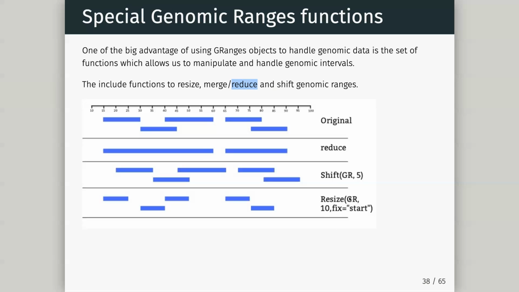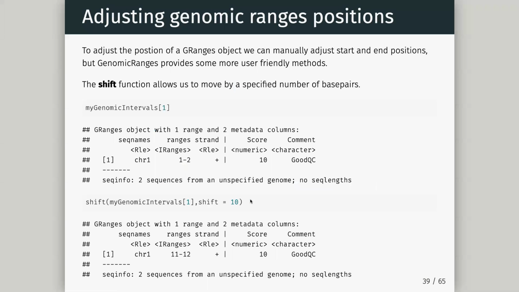If I want to take my GRanges and resize them based on the start position, I could take this range here and resize it based on the start, but just do 10 base pairs. So we have these special functions for manipulating our GRanges, and it saves us having to change the start and the end and worry about, did I make them negative and all this? It's going to take care of all this for us.